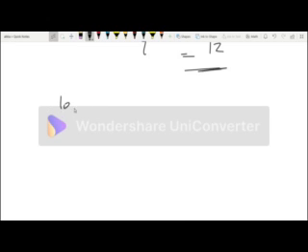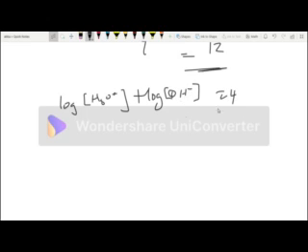Remember that the log of the hydronium ion plus the log of the OH ion is equal to 14. So basically, to find the log of this, you're going to take this one to the other side, which is going to be what?